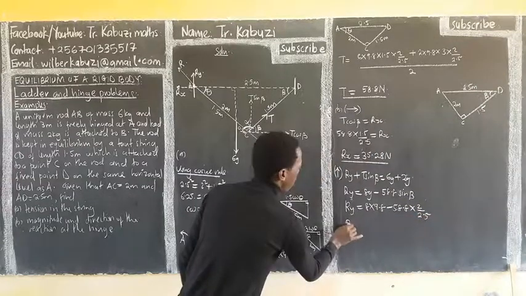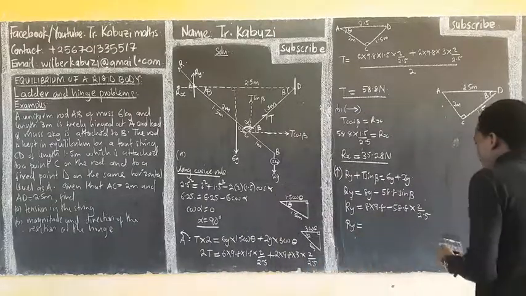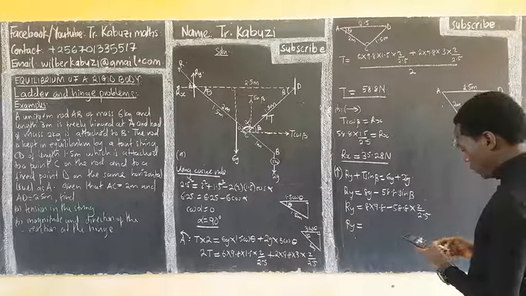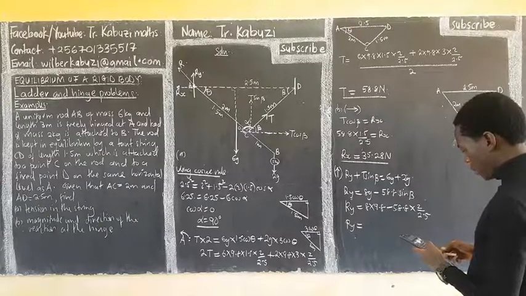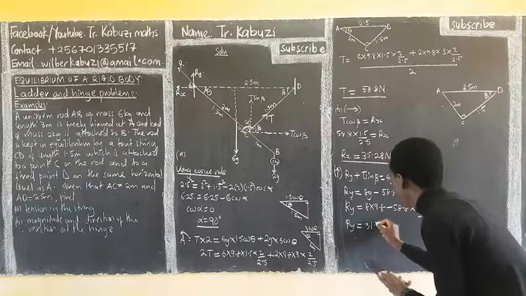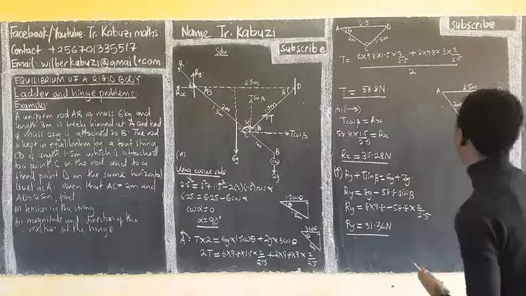So from there, my Ry is going to be, here I'm getting 31.36 newtons. That's going to be my vertical component of the reaction.